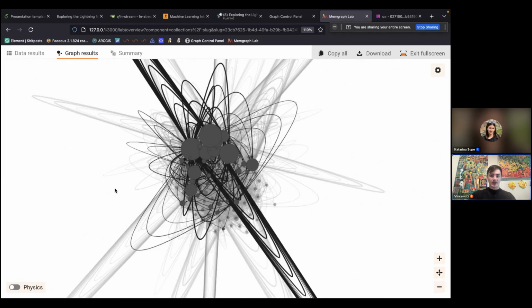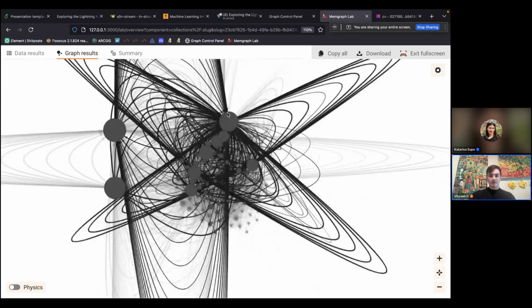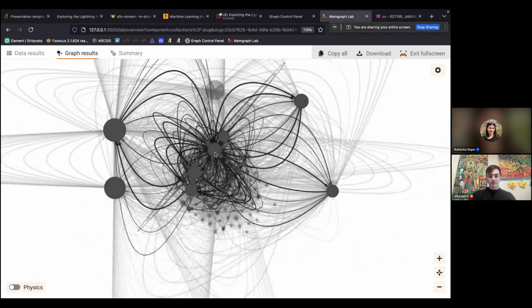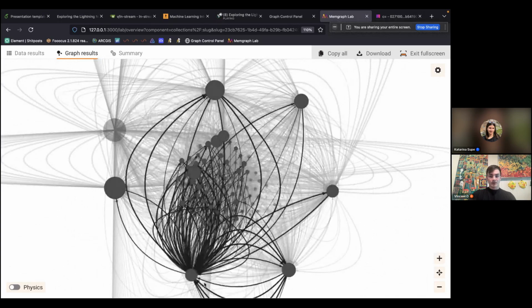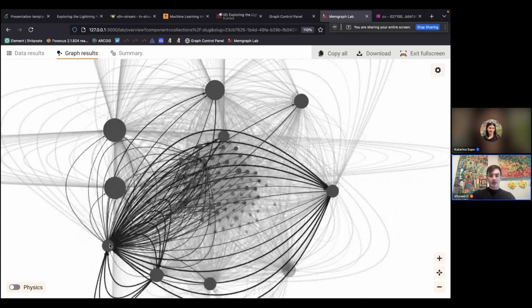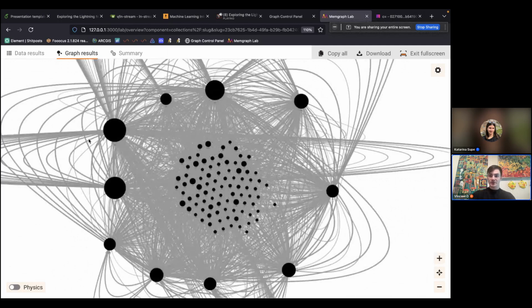So out of these 100 nodes, there's only really a handful that have a large amount of capacity. So they really just dominate the rest of the network in terms of redundant connections and their positioning.